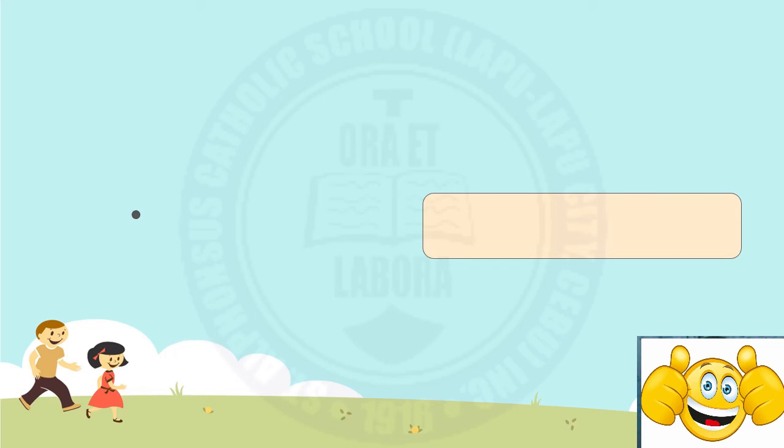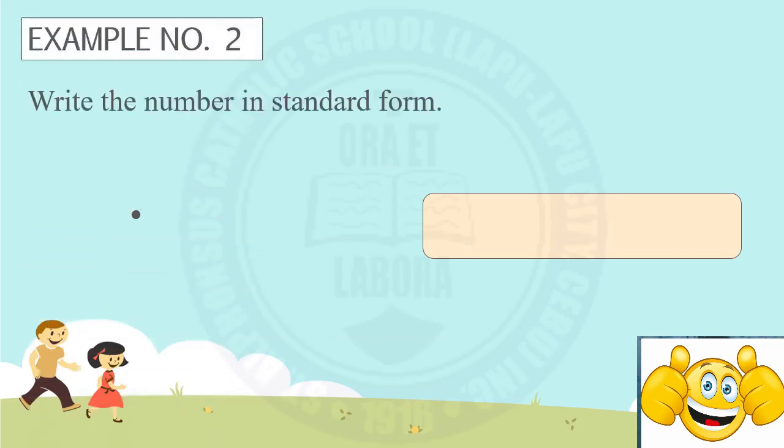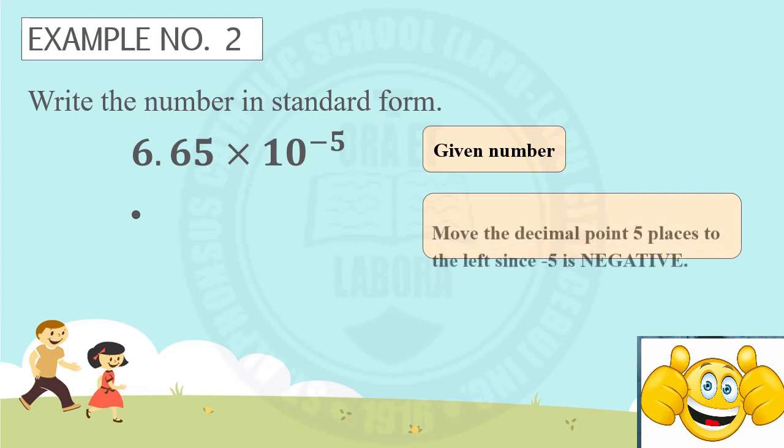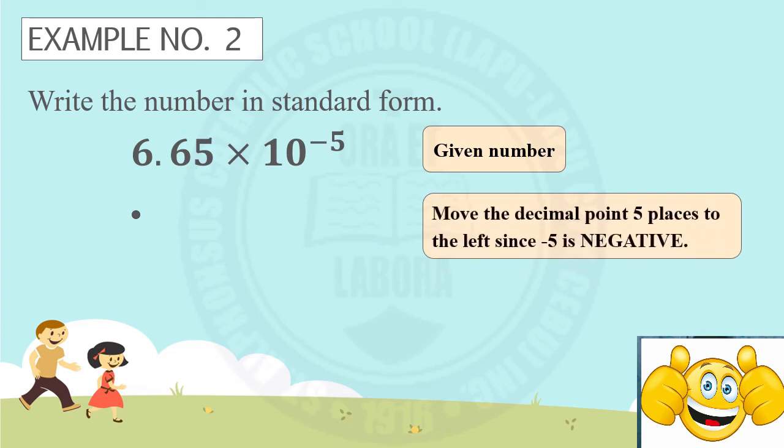Example number 2. Write the number in standard form. The given number is 6.65 times 10 raised to negative 5. You will move the decimal point 5 times because the exponent is 5. The decimal point will move to the left because our exponent is negative.